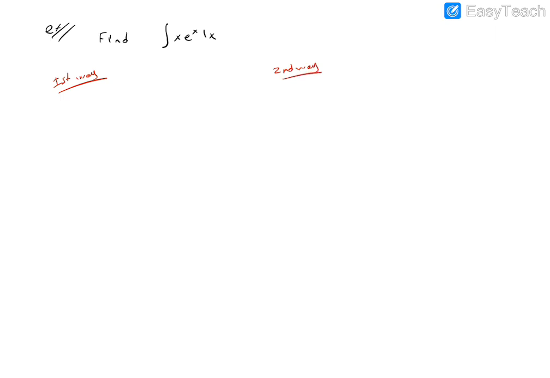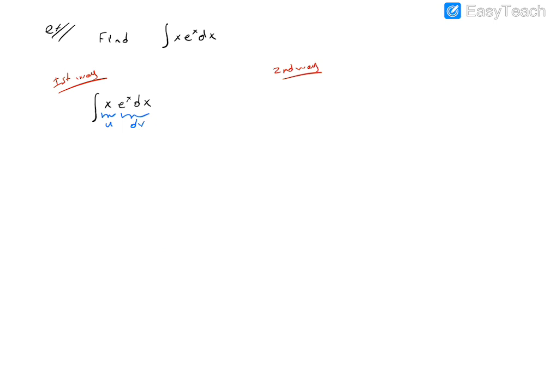The first way is to say x is u, e to power x dx is dv.